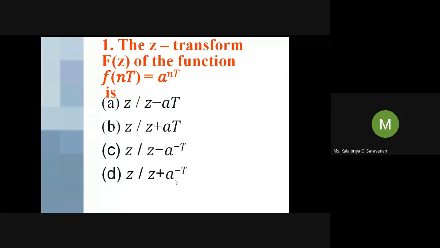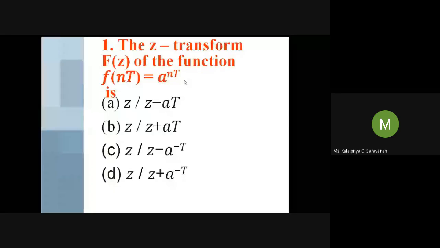This is a very basic Z transform question where you apply the basic Z transform formula for the given x of n, and then find the expression and the answer. The basic Z transform expression is X(z) equal to summation n equal to minus infinity to plus infinity x of n z power minus n.